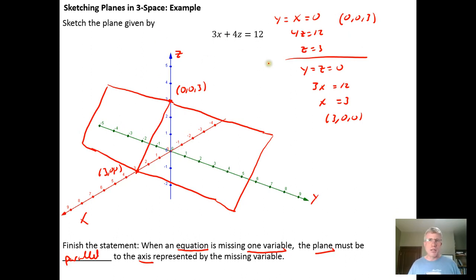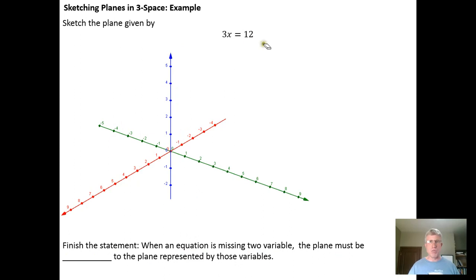So we can, in three-dimensional space, actually have two variables missing from the equation of a plane. In this case, all we have is 3x equals 12, which if we divide both sides by 3 just gives us x equal to 4. So we have 4, 0, 0 being the intersection of the plane with the x-axis. That's this point right here. And because both the y and z variables are missing, the graph of the plane has to be drawn parallel to each of those axes.